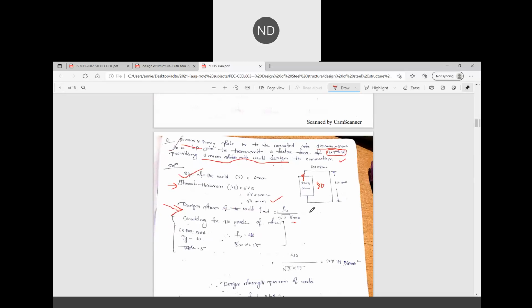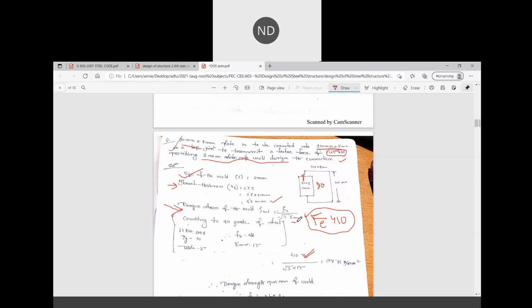We have considered the steel to be Fe410, and we are designing considering this. Since it is not mentioned in your question, you assume yourself that the metal plates we are using are of Fe410. Now, when we consider Fe410, our fu, the ultimate strength, will be 410 by root 3 into gamma mw.